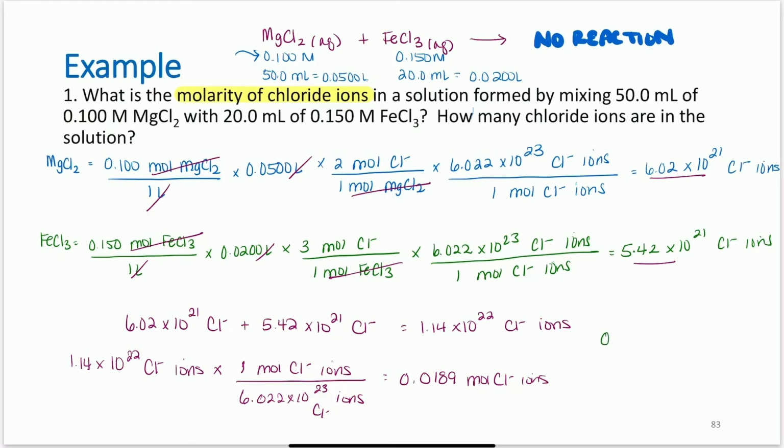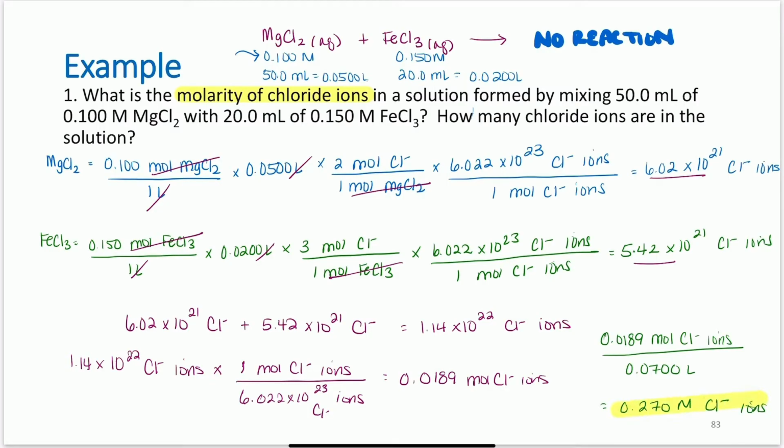I'm going to take that 0.0189 moles of chloride ions and divide it by the volume of my total solution in liters. I have 50 mL and 20 mL, 70 mL total, which is 0.0700 liters. And I find this to be 0.270 molar in chloride ions.